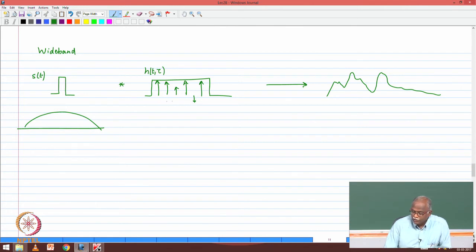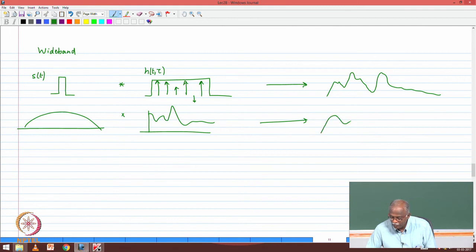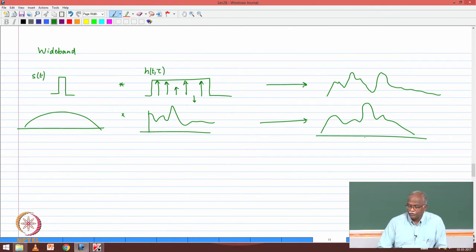Now I have to multiply by the frequency response of this channel. It's got some frequency characteristic. I multiply these two, and what comes out is that my input signal now has some effect of the channel, so the product of these two is the channel.